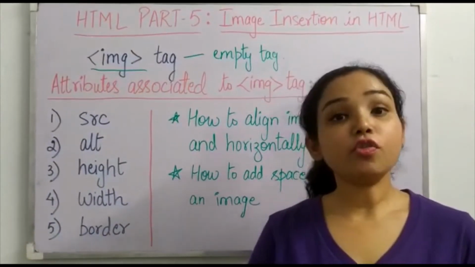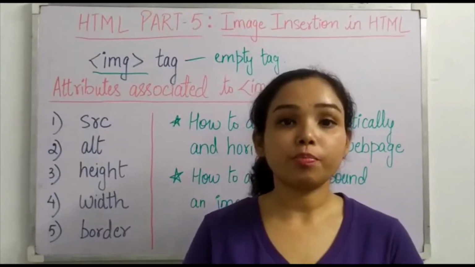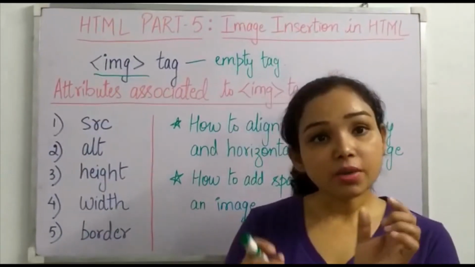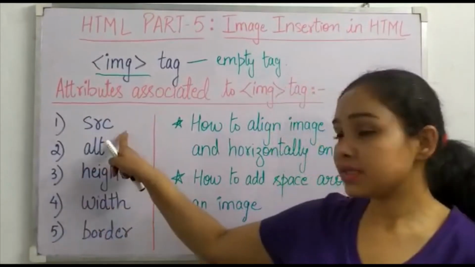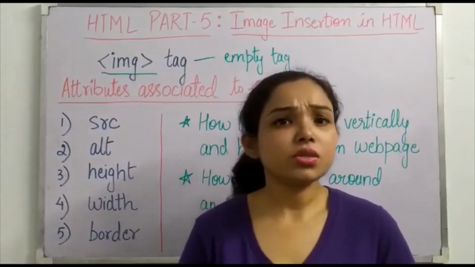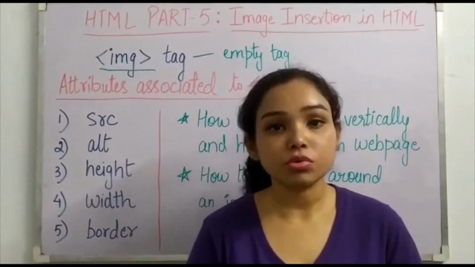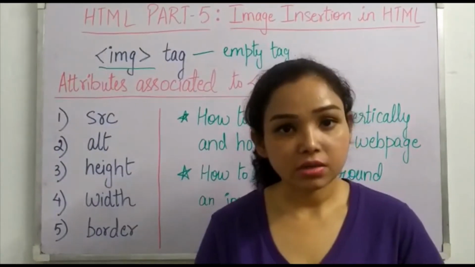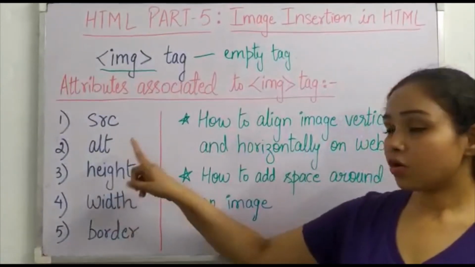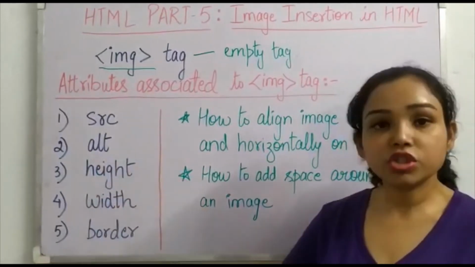You have to mention where that image has been stored on your PC, and that path is mentioned in the src. Without this attribute, there is no use of the img tag, because you have to mention the source of the image file.